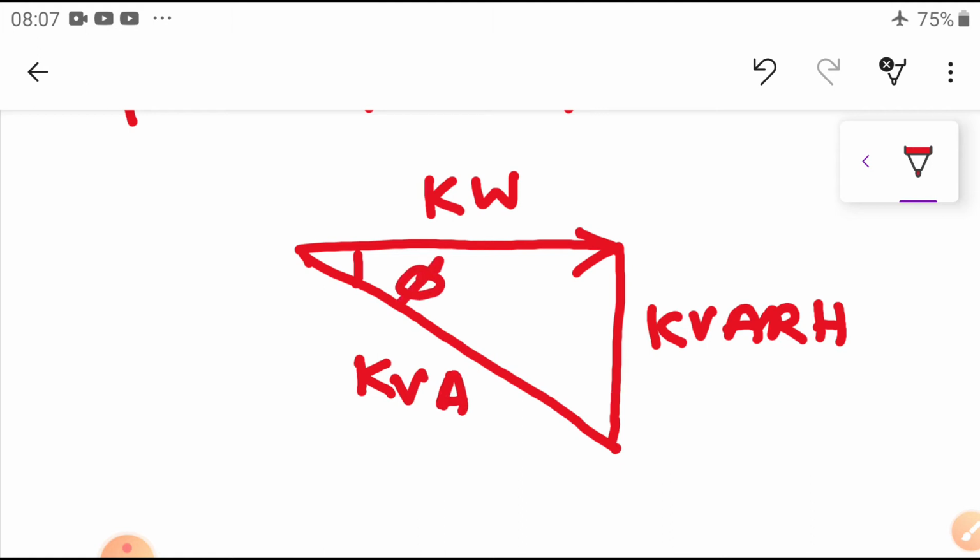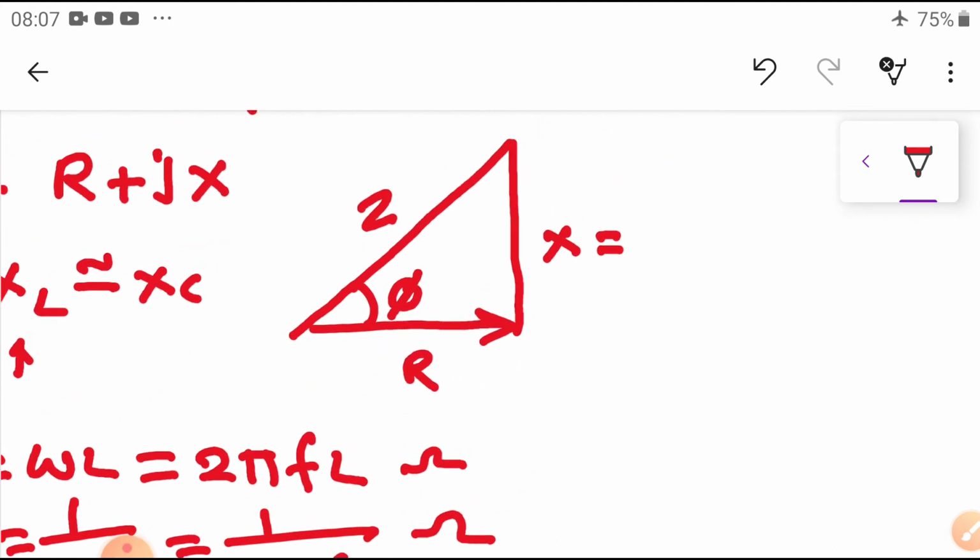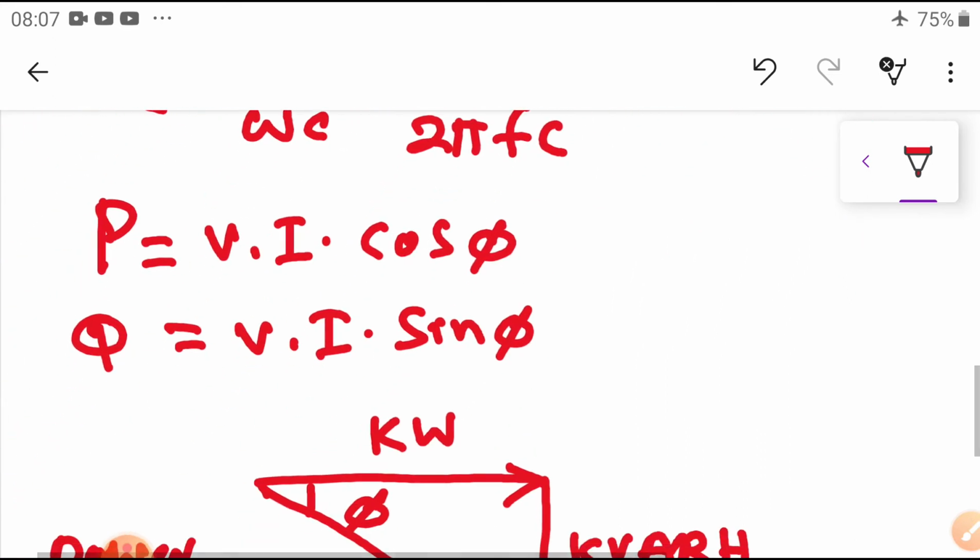This is the phase angle. So, this is the power triangle, and this is the impedance triangle. Okay, so last class we have seen all these things.